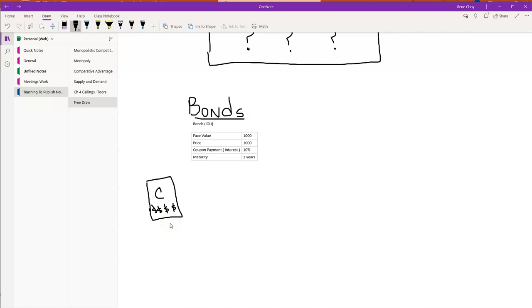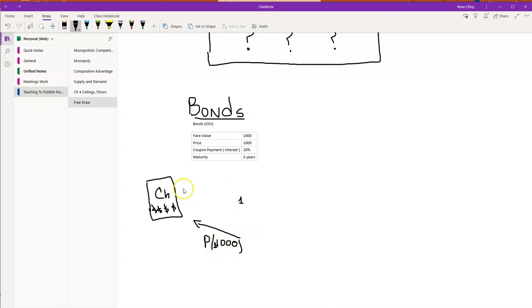So what I could do is create my Choi bond. Now, on day one, you've got to give Choi $1,000, and that is my price. So you've got to give me $1,000 to get my bond.